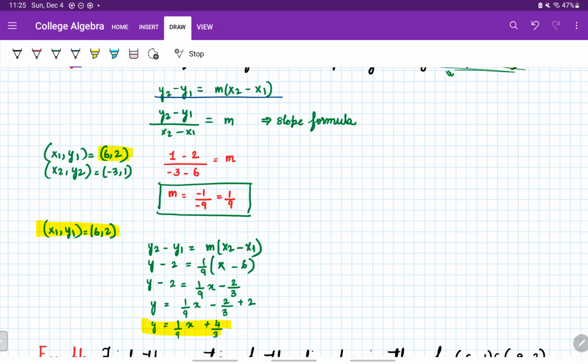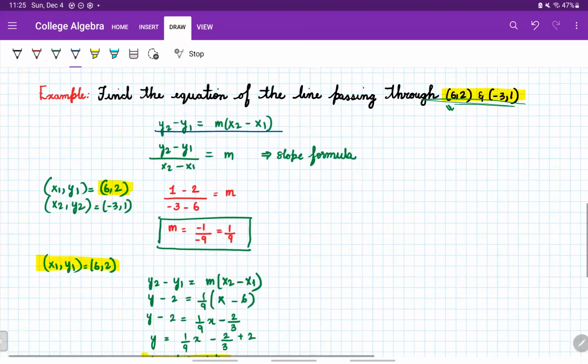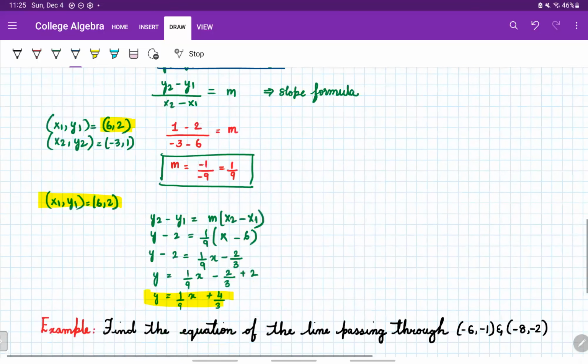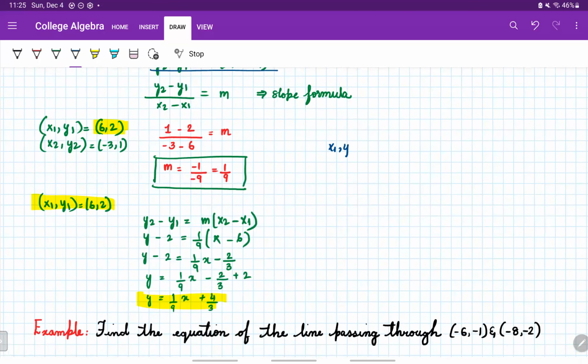Now let us find out if we use the other point here, if we use x1, y1 as negative 3, 1, will we get the same answer? I will start here, writing down the point slope formula again. So here I have y2 minus y1 equals m times x2 minus x1.